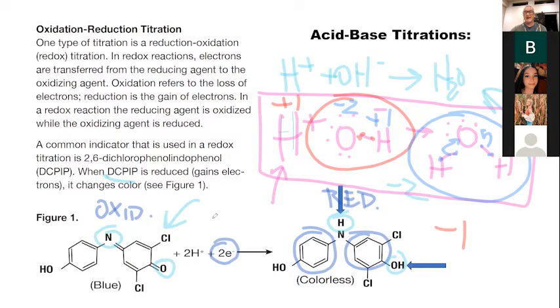So if oxygen now, same as before, has all 8 electrons, what's its oxidation number going to be? -2. It's still -2, it hasn't changed. And the hydrogens, poor little hydrogens, have no electrons. So what are their oxidation numbers going to be?